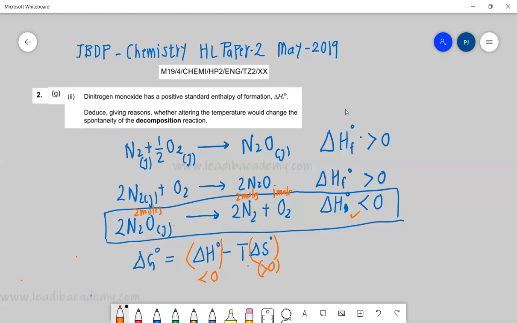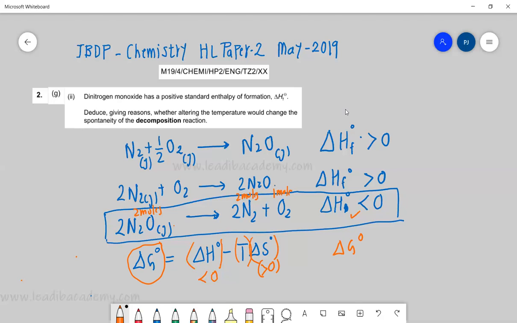Now you can see that there is a negative number, minus T delta S, and temperature has to always be positive, because it is the absolute Kelvin temperature and cannot be negative. So whatever temperature value you take, the overall delta G naught will always be negative.